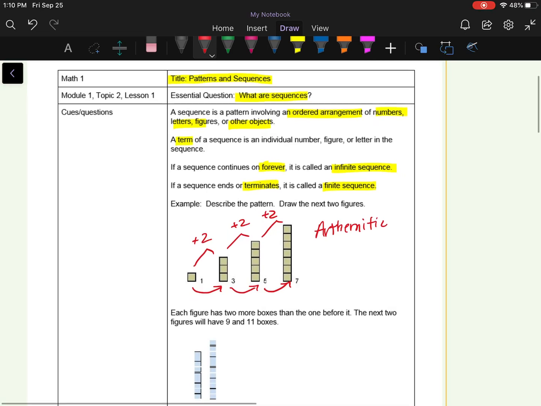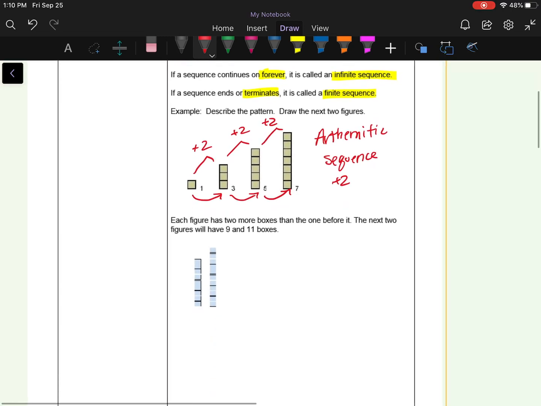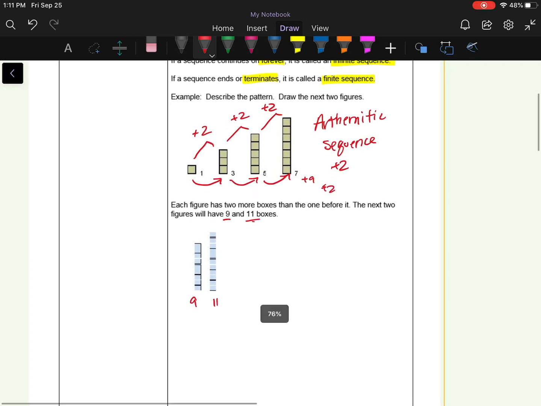So it's plus 2, and we could just assume the next two things would be plus 2. So 7 plus 2 equals 9, which is stated right here, and then 9 plus 2 equals 11, which is stated right here.